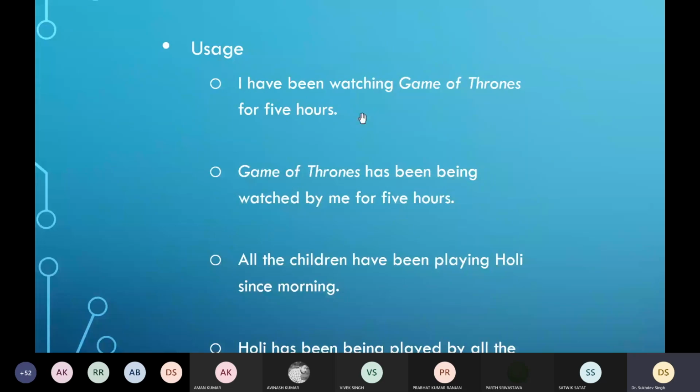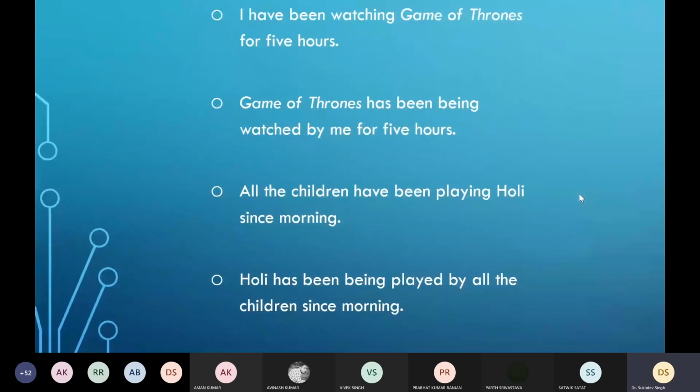And then the third form of verb. Here it was the ing form. We converted the ing form into the third form. Then we added by, and this I is now converted as me, and then the rest. Game of Thrones has been being watched by me for 5 hours.